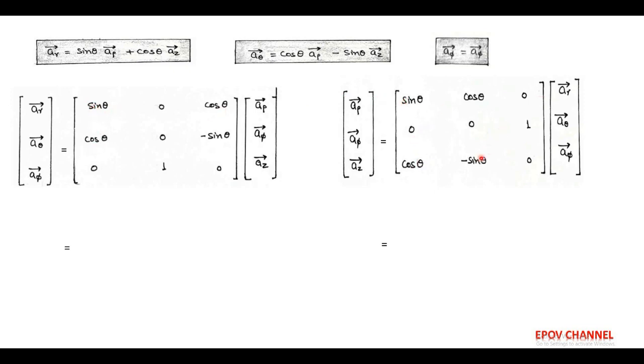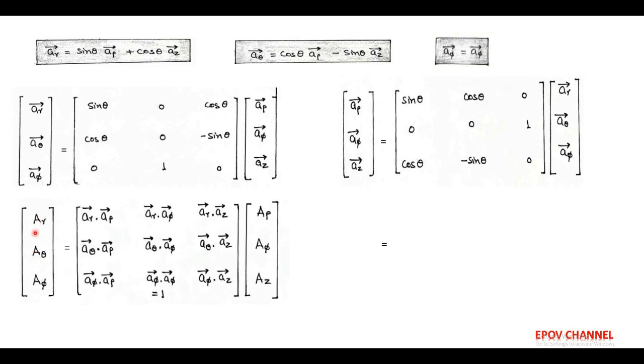Now this matrix representation of unit vectors can also be used to find magnitude components. For example, in the spherical coordinate system, magnitude components are capital A r, A theta, and A phi. Here on the right side, there is a square matrix having 3 rows. These rows have terms in the form of dot products. So in the first row, it is A r dot A rho, A r dot A phi, and A r dot A z.